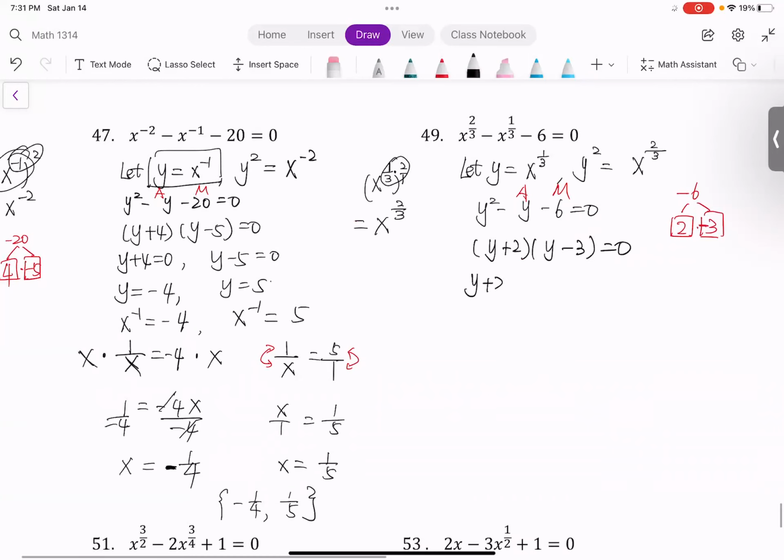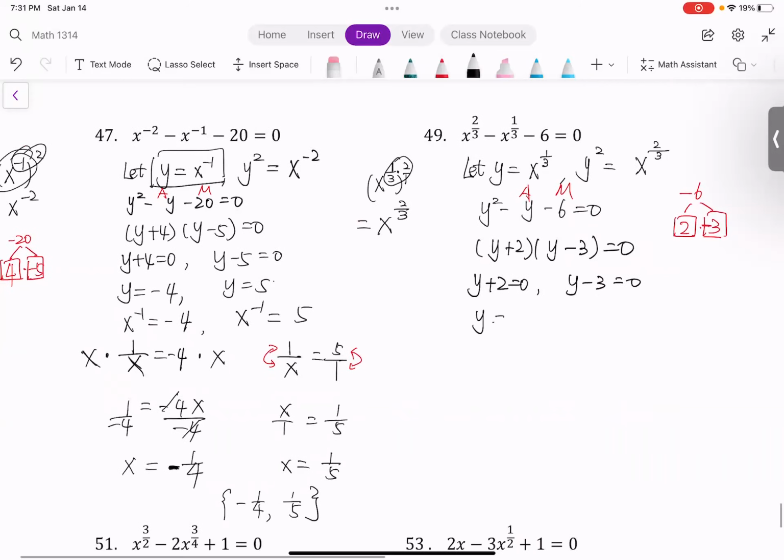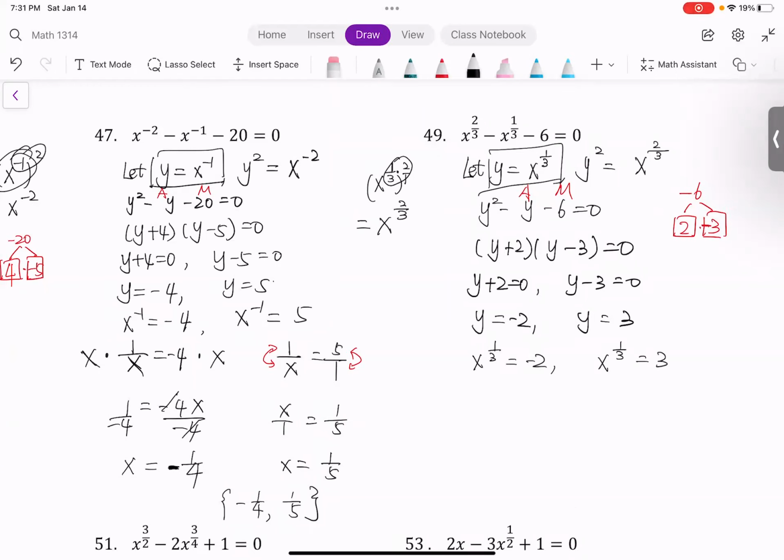Y plus 2 equals 0. Y minus 3 equals 0. So solve for the y. Y equals -2. Y equals +3. And we know that we need to solve for the x. So x to the 1/3 equals -2. X to the 1/3 equals 3. And how to get rid of the power?